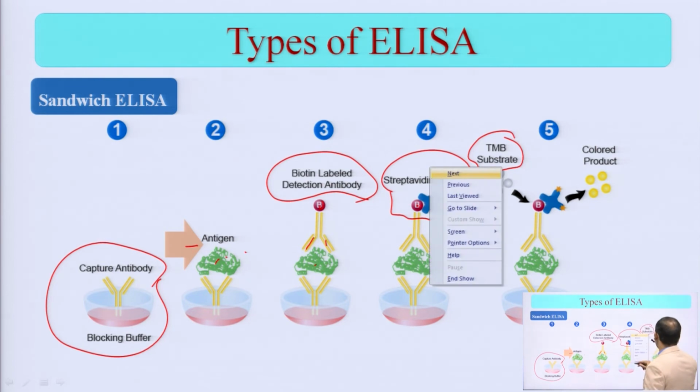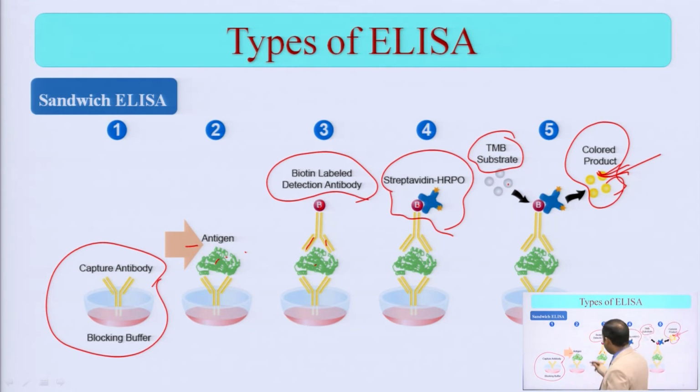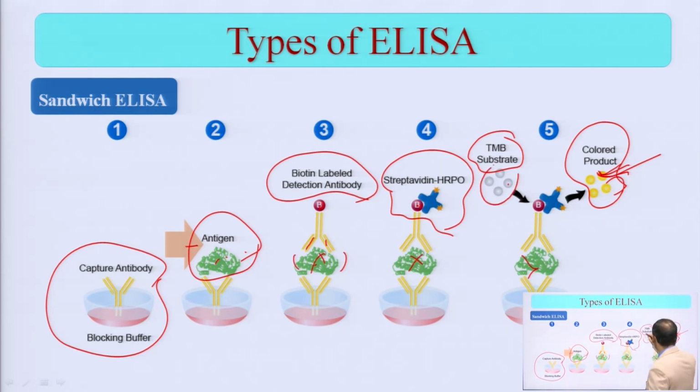This TMB substrate will bind with this and give you some color. The color change from this to this is the confirmation that the antigen is present. If the antigen is not present, such a reaction will not happen and the original color will remain. Ultimately, if we get this color, it means the antigen is present.